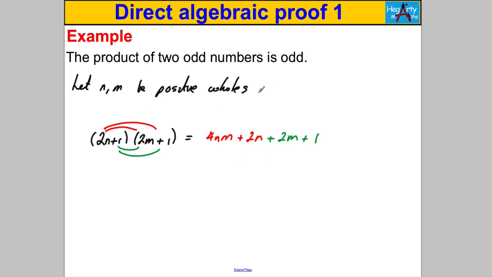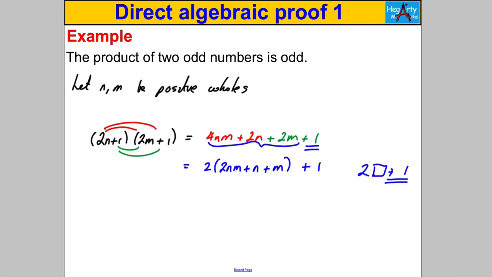Now, for this to be an odd number, we want it of the form 2 times some positive whole number add 1. So what we can do is we can take a factor of 2 out of here, because we've got the plus 1. Look, we've got the plus 1 we want, so take a factor of 2 out, and you get 2(2nm + n + m) + 1.